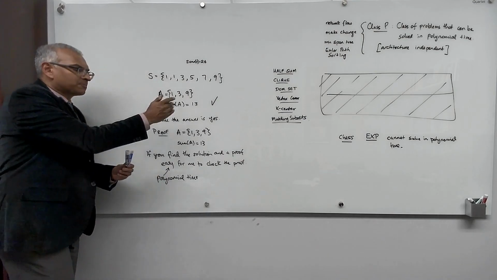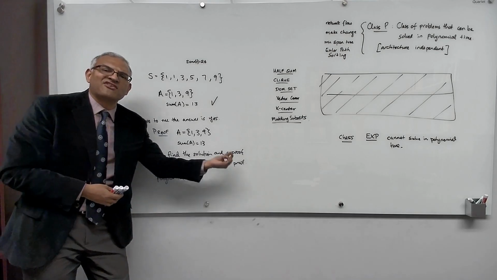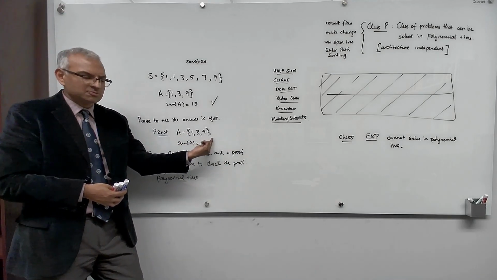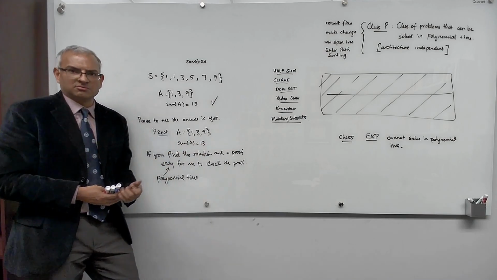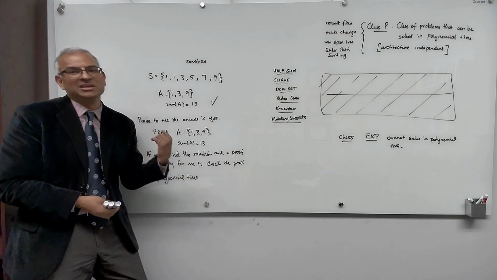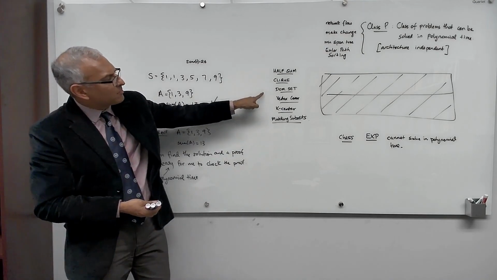Typically you are called the prover and I'm called the verifier. And the proof you gave me, this subset A, is sometimes called the certificate. But the basic idea is you gave me a proof and it was easy for me to check the proof. And all of these problems are of that flavor.